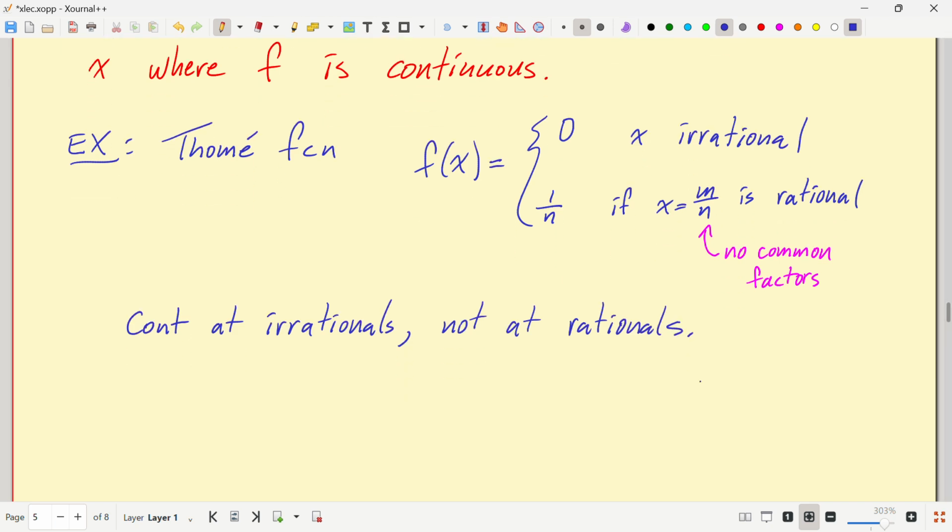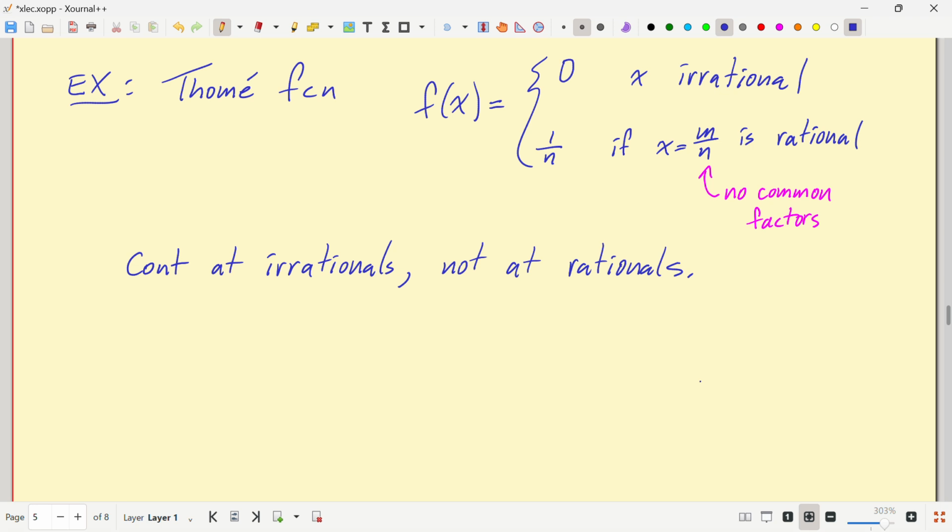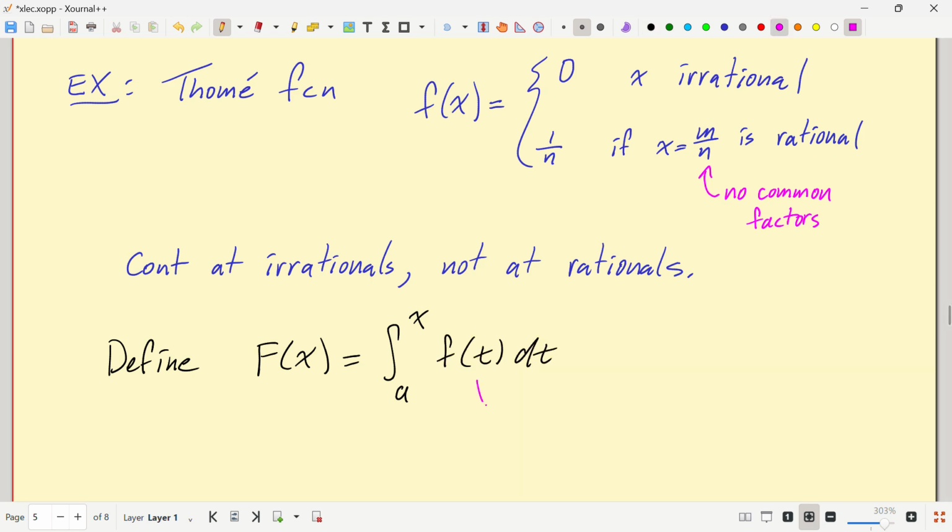And here's a fascinating function, almost as interesting as the Thomae function. Let's define the capital F of x to be the integral from a to x of the Thomae function. Then F is differentiable on the irrationals.